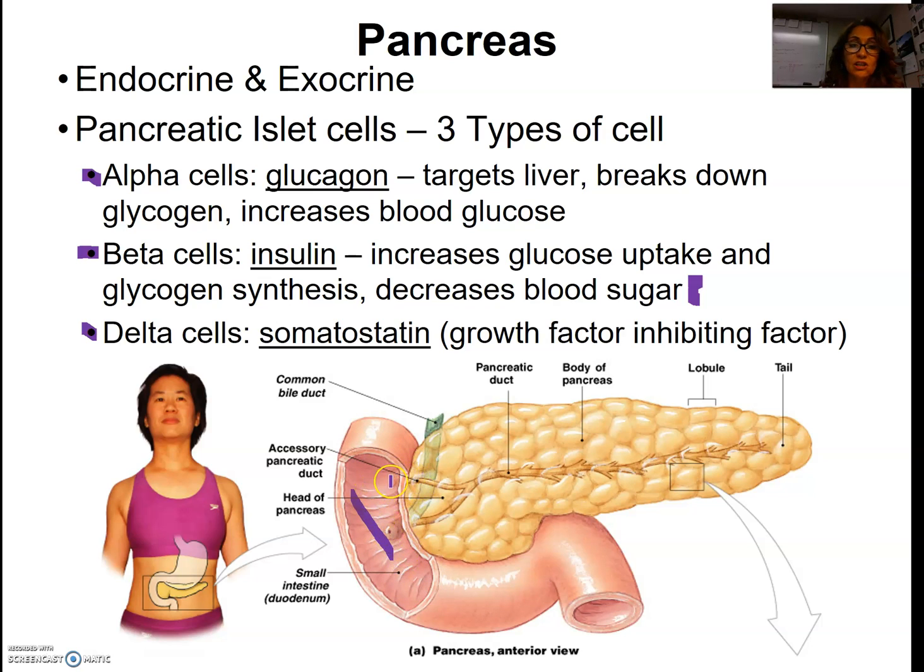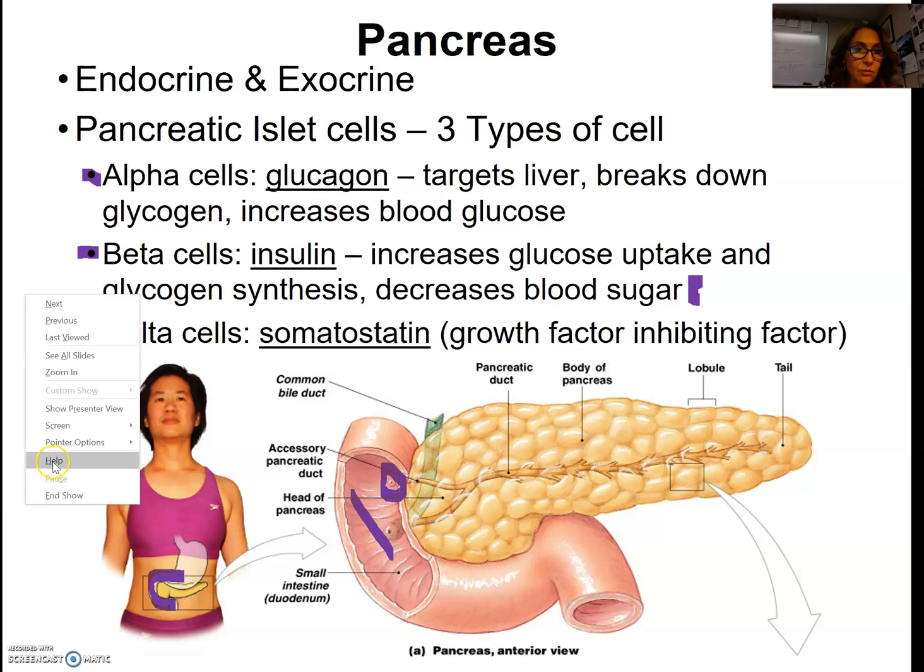So basically, you're going to see these little ducts that connect to the pancreas that allow the exocrine release of digestive enzymes like trypsinogen, pancreatin, things like that. And those are going to help in digestion of biomolecules that come in through the food that we eat, down out of our stomach and into this first segment of the duodenum.